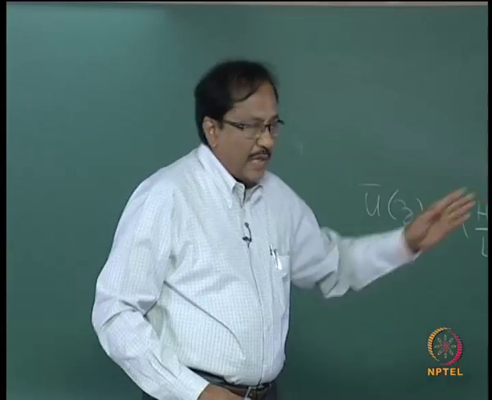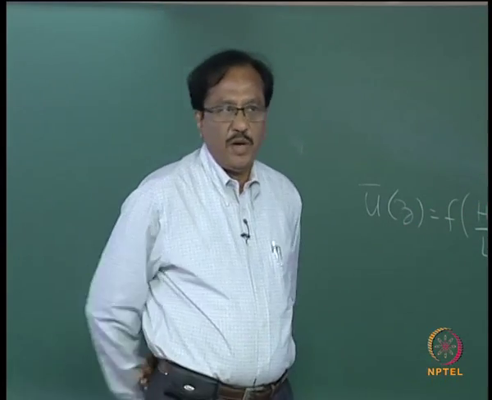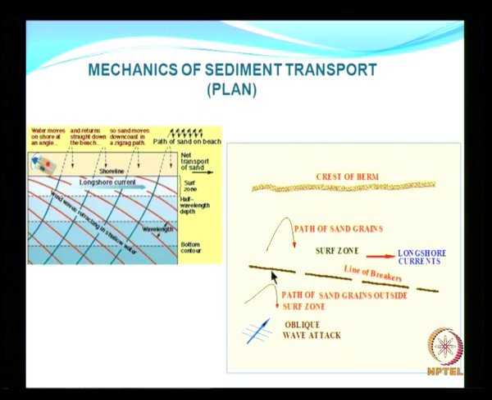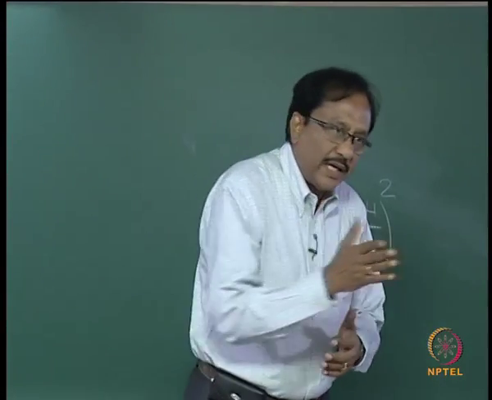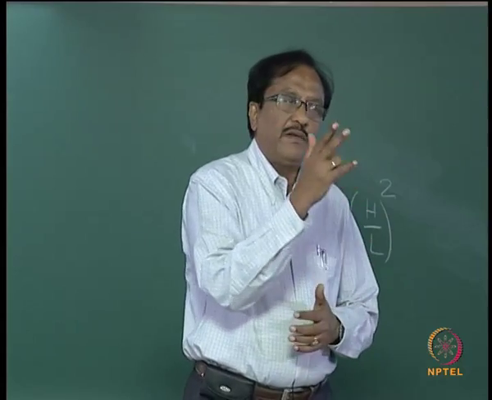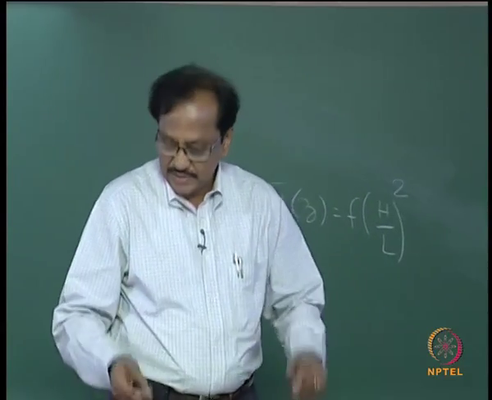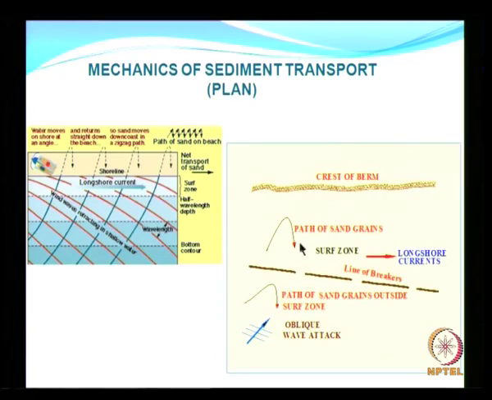When you have an oblique attack of the wave, and it reaches somewhere near the line of breakers, what will happen? At the line of breakers, when the waves break and when the waves are in a direction, naturally, when it is inclined, it will have two components: a component along the shore and normal to the shore.